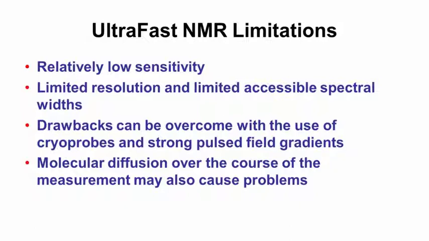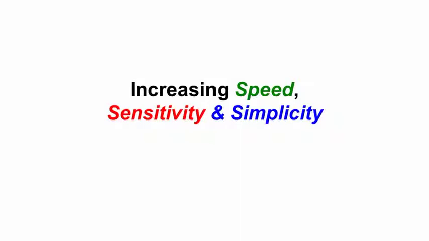But this certainly tells you that 2D NMR can be as fast or even faster than 1D NMR. And if you could combine ultrafast NMR with non-uniform sampling techniques, then maybe the whole thing becomes down to tens of milliseconds to acquire things. So that's an example of a new technology that could certainly speed up metabolomics.